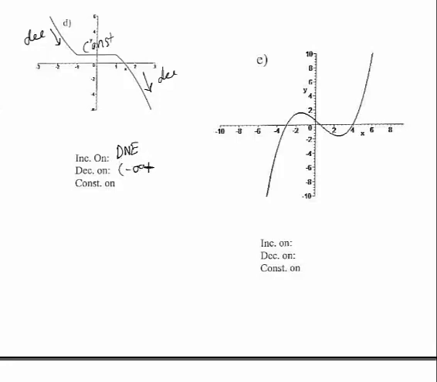We would start our decreasing interval at negative infinity. Decreasing would be broken up into two intervals joined together with a union symbol. And then the far right interval from 1 to infinity. And finally our constant interval again from -1 to 1 with brackets for each.